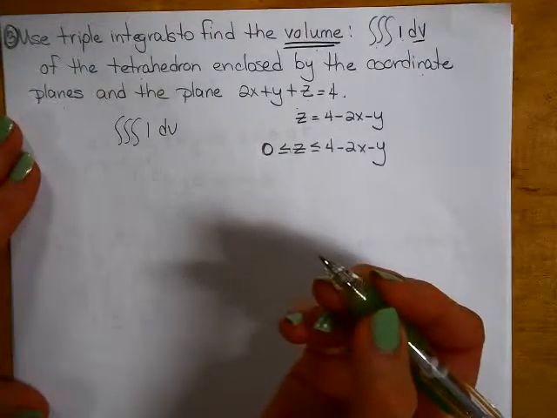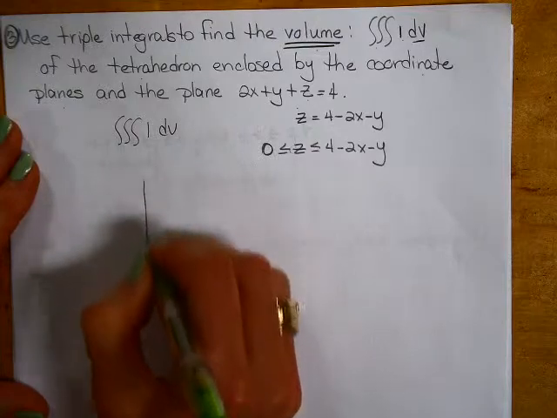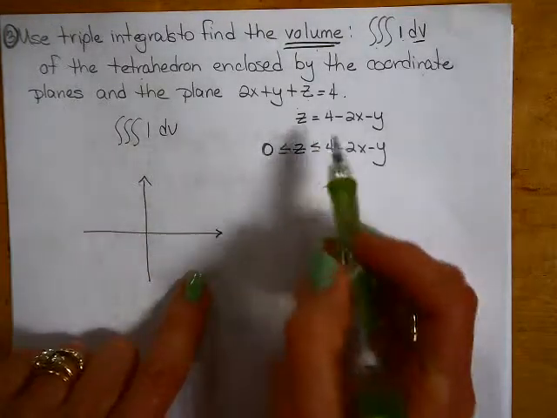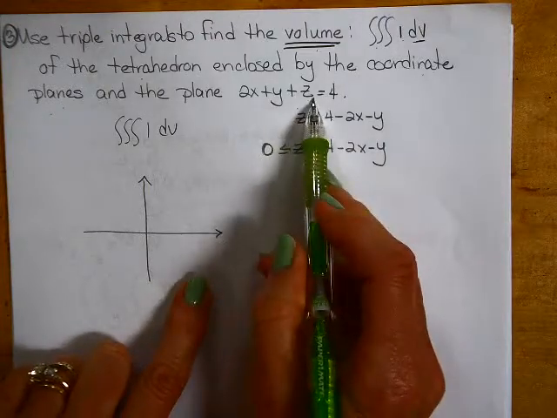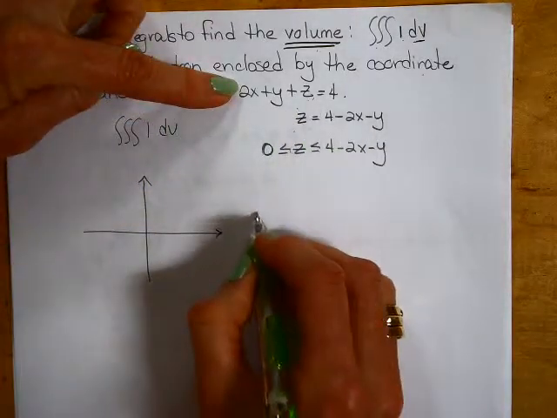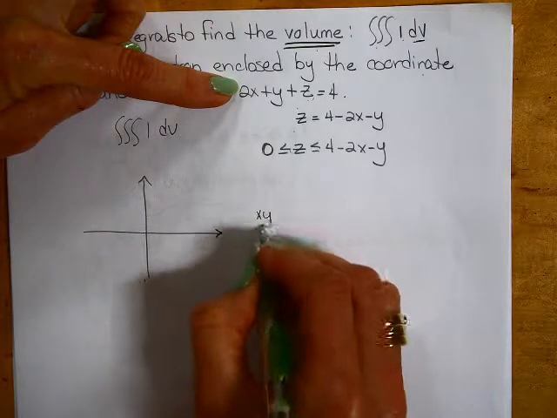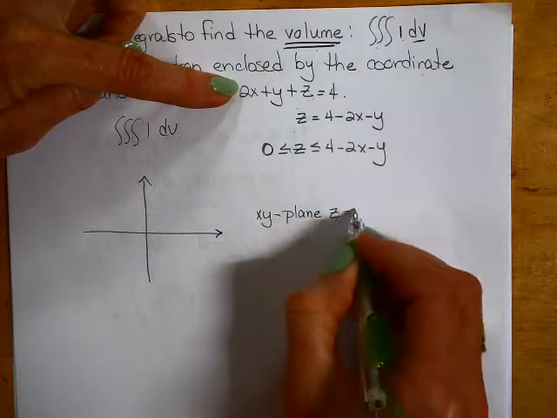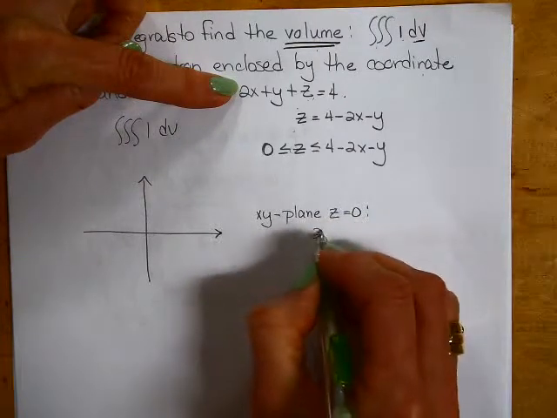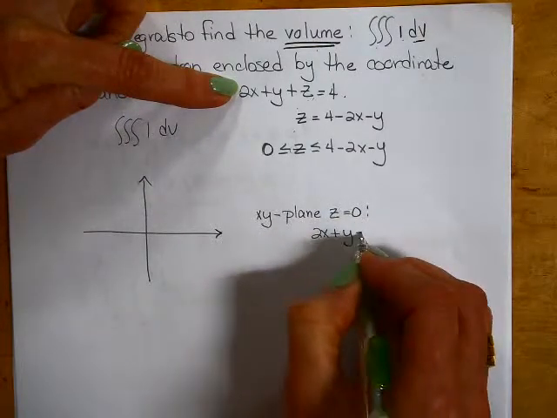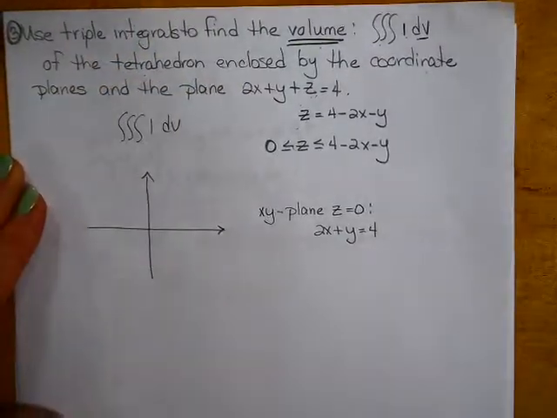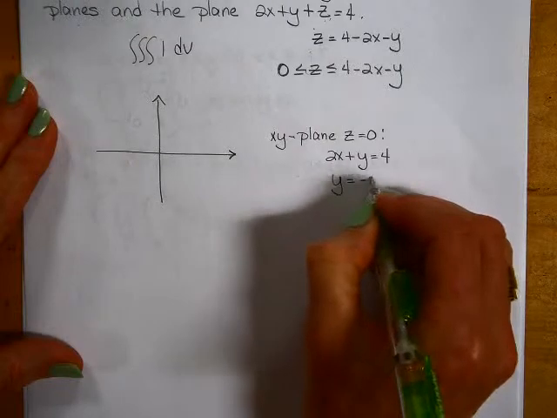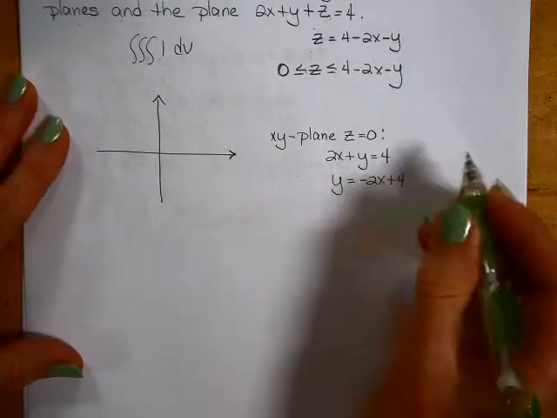Again, to get your limits of integration for x and y, you need to project down to your xy plane, which means in this equation, z is 0. So in the xy plane, z is equal to 0, so we have the equation 2x plus y is 4. Solve that, y is negative 2x plus 4.